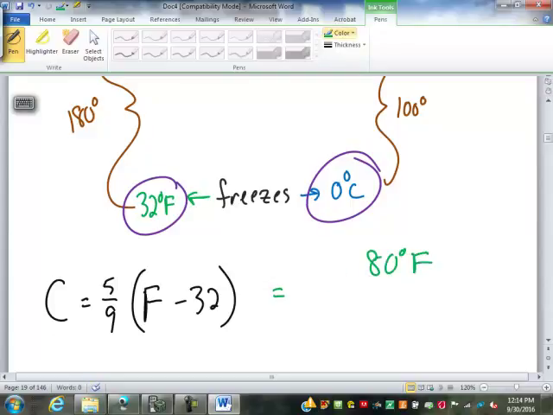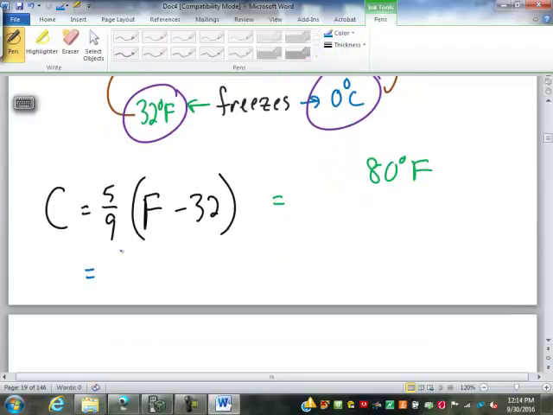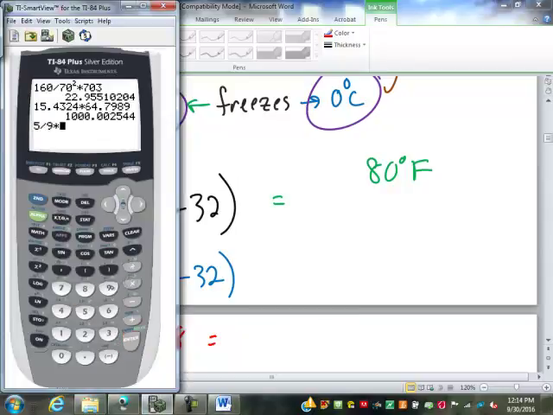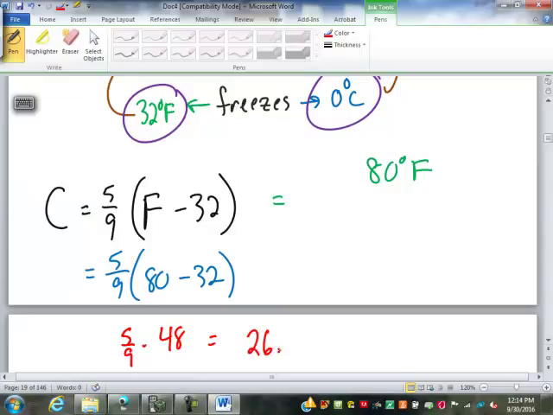What's that going to be in degrees Celsius? Well, we put 80 in for F, minus 32, and now it's just order of operations. 80 minus 32 is 48. 5/9 times 48 is 26.67 degrees Celsius.